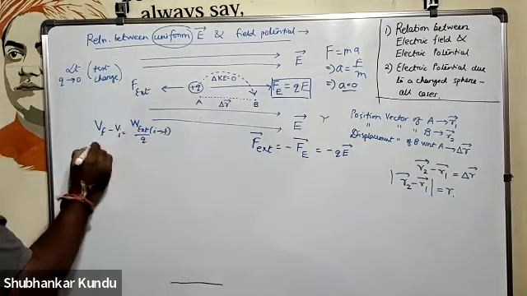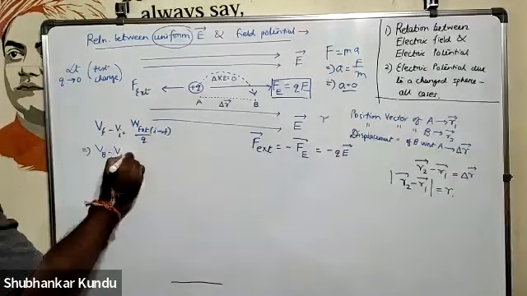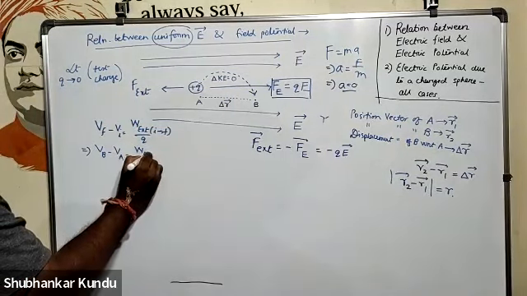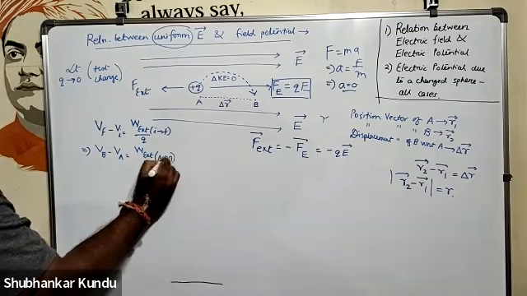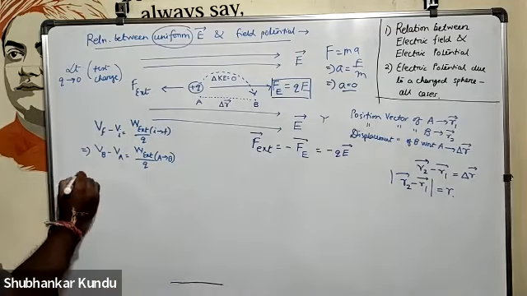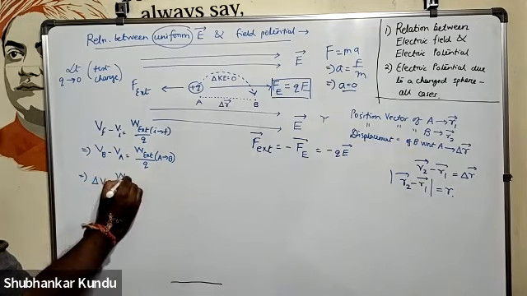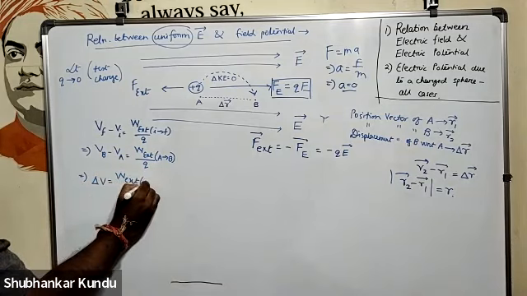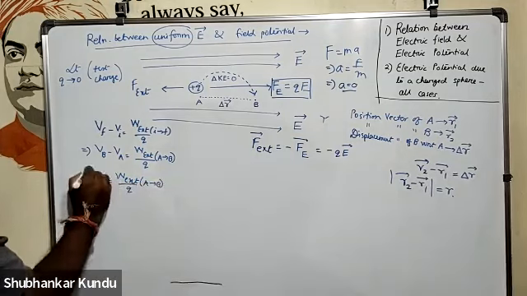The final point is B and the initial point is A. So VB minus VA, you can write delta V, the potential difference, is equal to the work done by the external force from A to B divided by Q. This much we know.